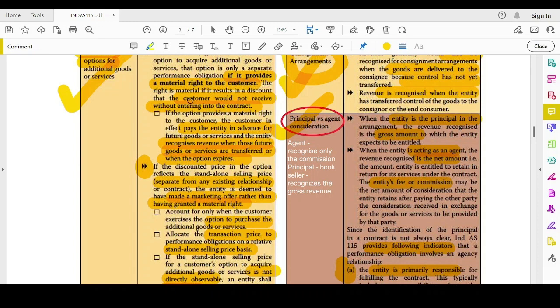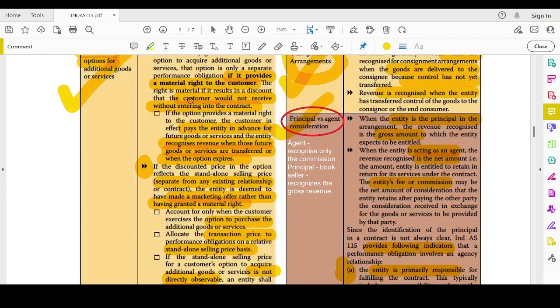For example, if you use the HDFC card within this period of time, you will get an additional discount. If he doesn't use that option, there is a material right till a particular period of time. If he doesn't use it, the material right has expired.